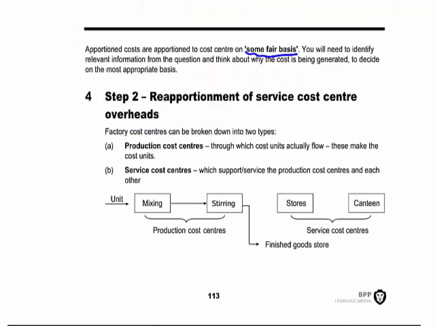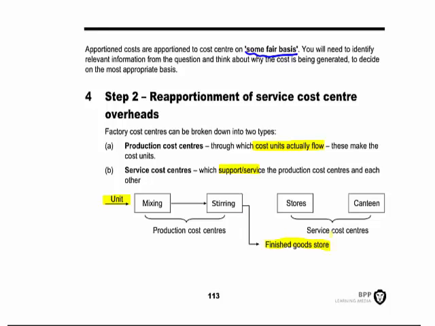Step 2 involves us reapportioning the service cost centre overheads into the production centres. Remember, the production centres are the ones which the cost units, i.e. the items we're trying to work out a cost for, actually flow through. And the service centres then are the support functions. So a product flows through the production departments and goes into finished goods.